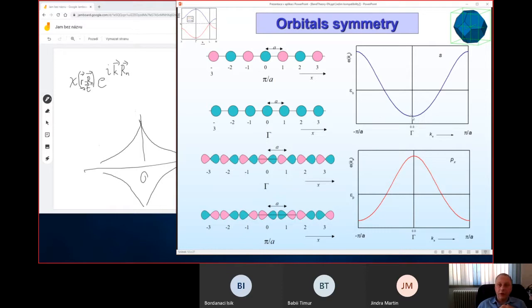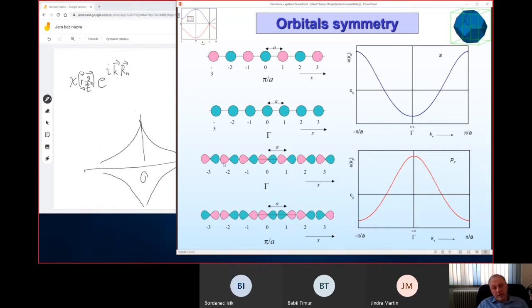So for the most bonding states corresponding to k equals 0, which is the point gamma, we have the lowest energy and the same sign of the wave function in each unit cell, while for the first Brillouin zone edges we have the highest energy, meaning a completely anti-bonding state.